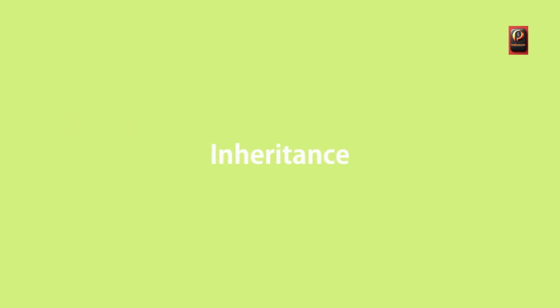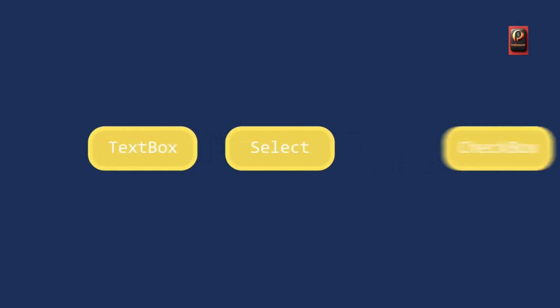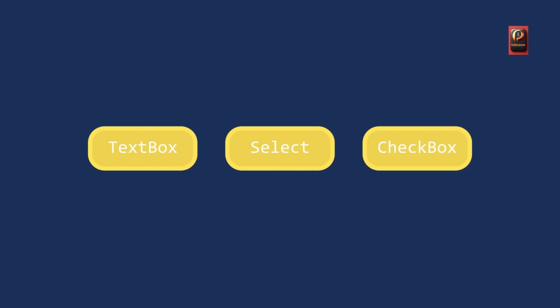Now, the third core concept in object-oriented programming: inheritance. Inheritance is a mechanism that allows you to eliminate redundant code. Here's an example. Think of HTML elements like text boxes, drop-down lists, checkboxes, and so on. All these elements have a few things in common.